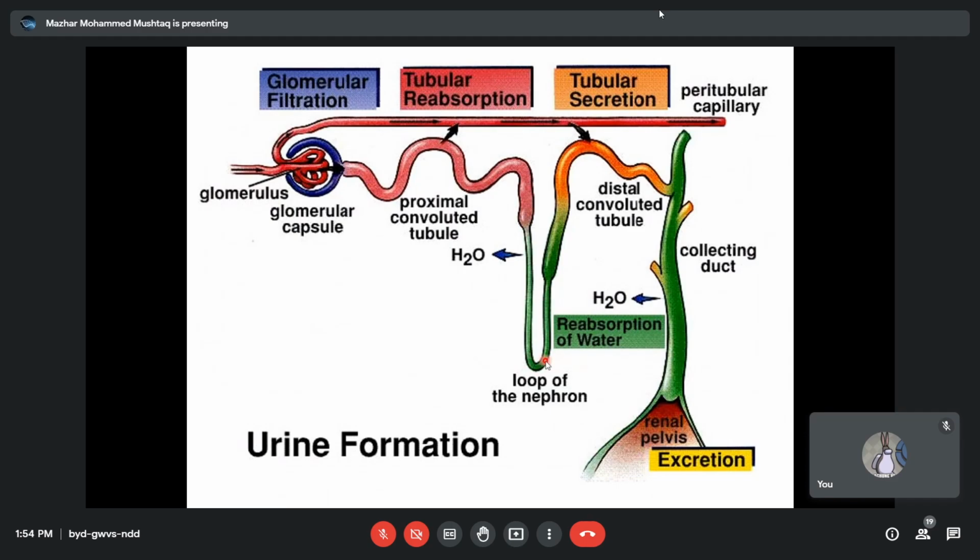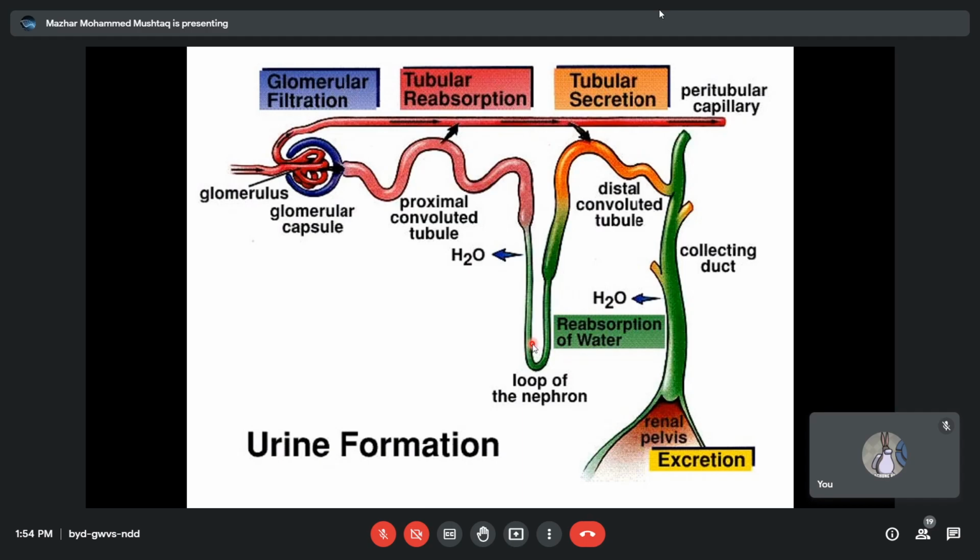So in the case of red blood cells, if too many red blood cells are coming from here, they are not going to go ahead. So all of them are going to clump here. When there is a pressure of urine coming out from this proximal convoluted tubule, they are going to push all the red blood cells, and the whole thing is going to come out in the urine as such.